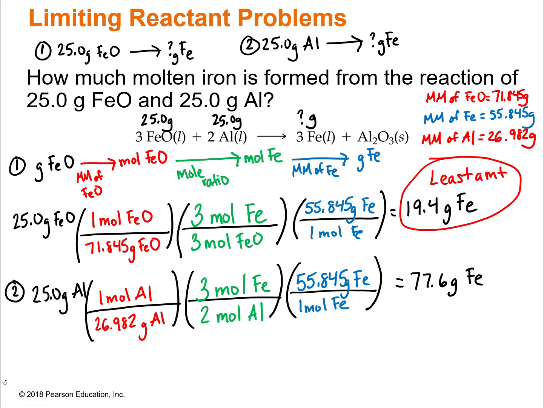That means that to answer our question, we would make 19.4 grams of iron. And just because we can, we'll say that iron 2 oxide is limiting.